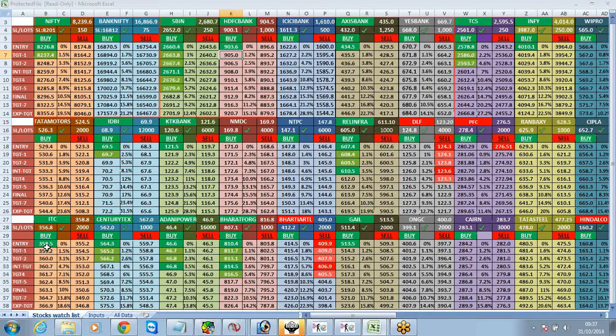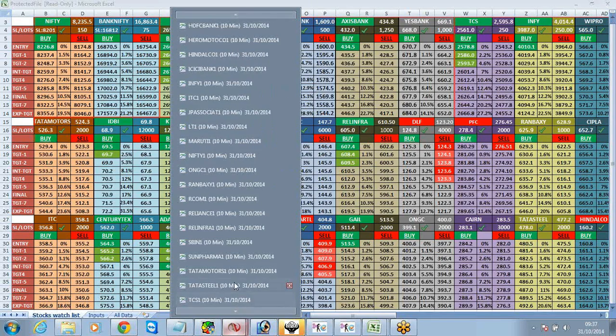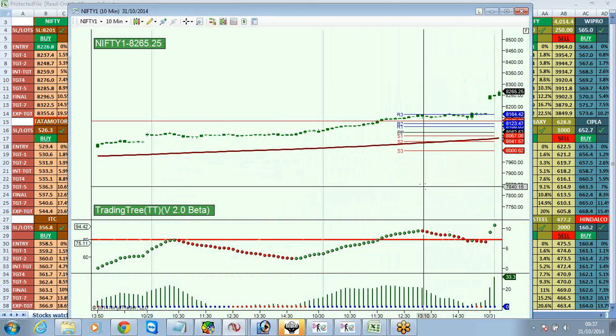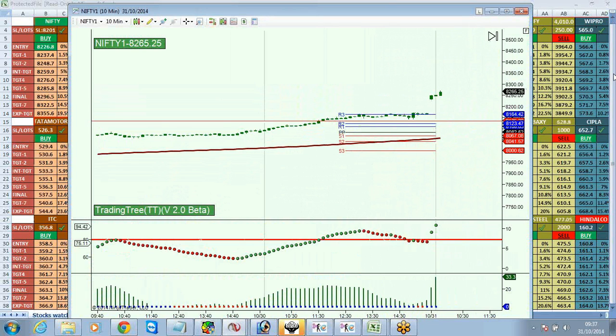ITC we have a buy 358.50. So we will be buying one lot of ITC in futures at the current market price. So Nifty is also strong today. So we take all the positive calls, that is the buy side calls. So there you go. That is a Nifty chart.